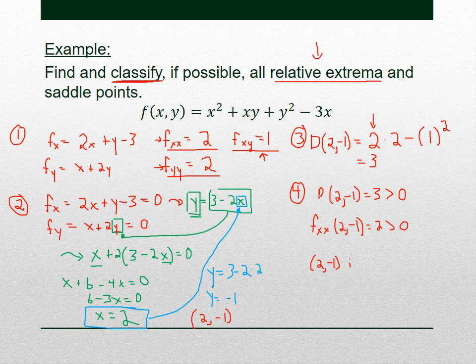We found that before. It was just 2, and that's also greater than 0. So when D is greater than 0 and fxx is greater than 0, that means what we're looking at is a minimum. So the point (2, -1) is a relative minimum. You can just say minimum here.